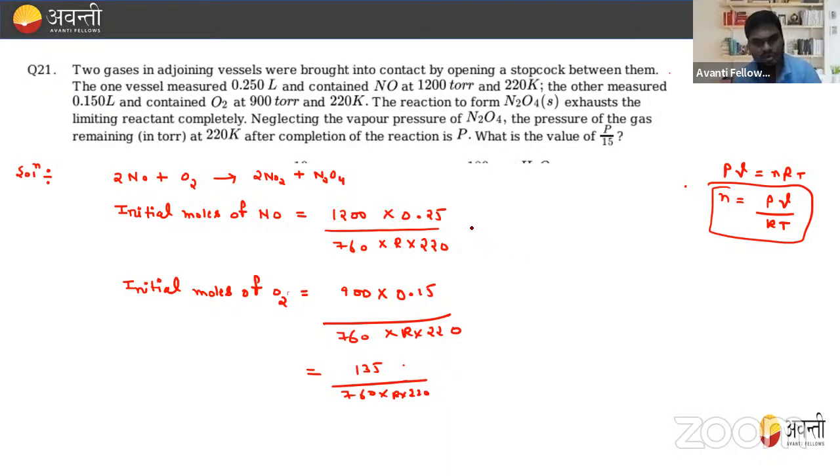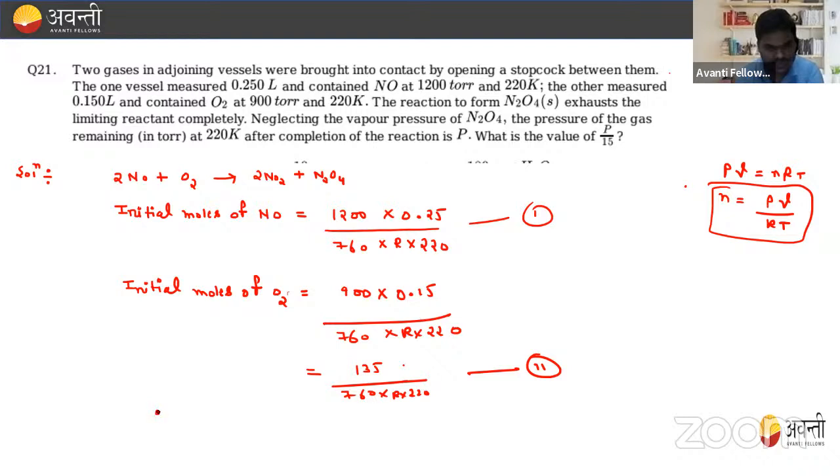Now, from these two equations you can identify which one is the limiting reactant. If I consider the number of moles of NO and the number of moles of O2, we know that the number of moles of O2 is less than the number of moles of NO. So we can say that O2 is the limiting reactant.